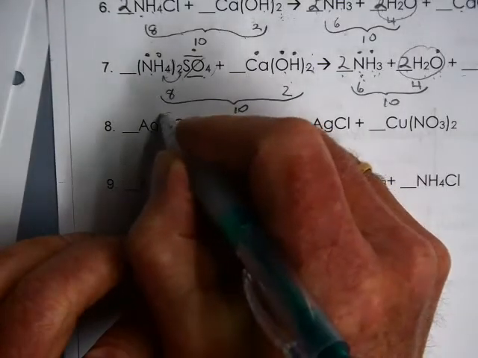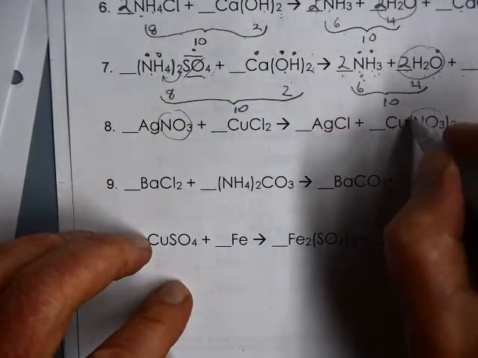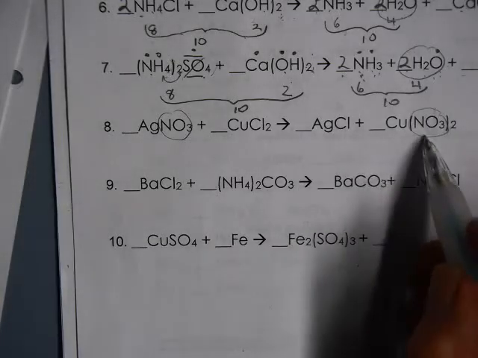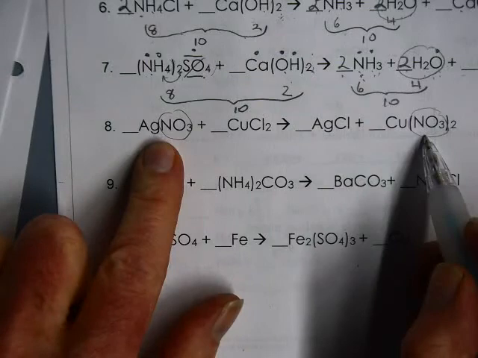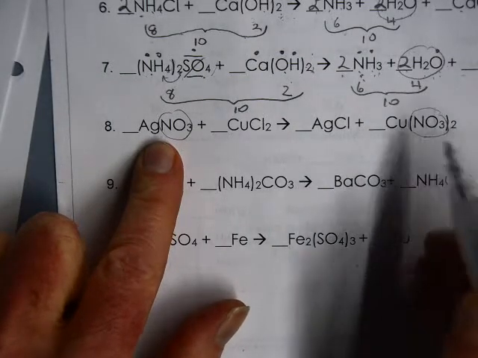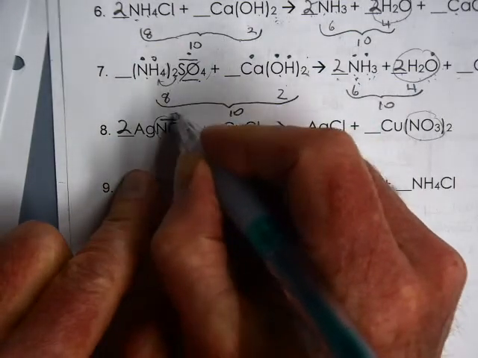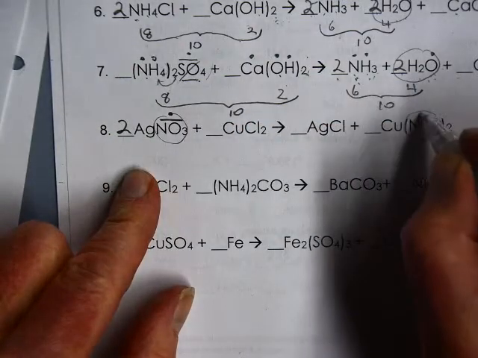So this is what you're looking at here, and this is what you're looking at here. That means I can balance them as if they're one atom. How many nitrates do I have on this side? 2. How many nitrates do I have on this side? What am I going to do? 2 in front of the silver nitrate. So now, this is balanced, and this is balanced.